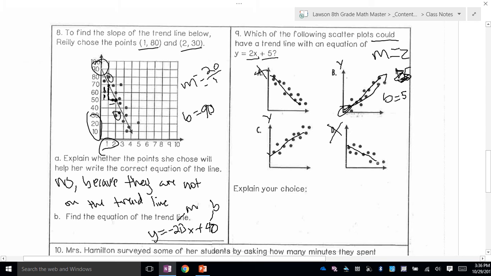So my B would have been 0, making answer choice B incorrect. Whereas C, if these were counting up by 1, 1, 2, 3, 4, 5, that would be a much better assumption, right? Very good. So C would be my answer choice. And then it says explain your answer choice. We just did with all of our work, so we don't have to worry about going back through, okay?